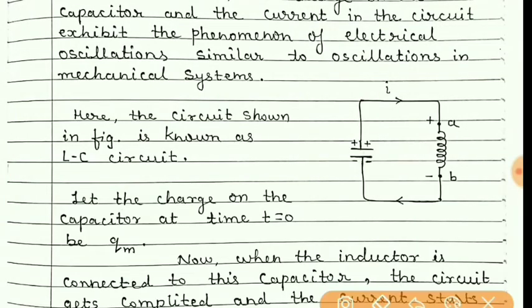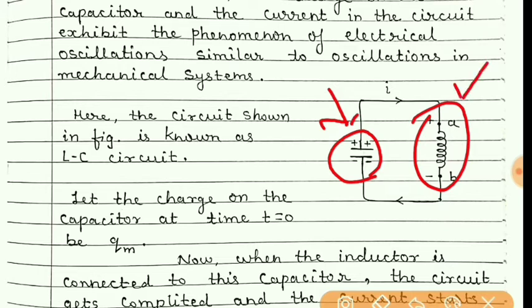Students, we know that a capacitor and an inductor, they both store the energy. Capacitor stores the energy in the form of electric field, while inductor stores the energy in the form of magnetic field.